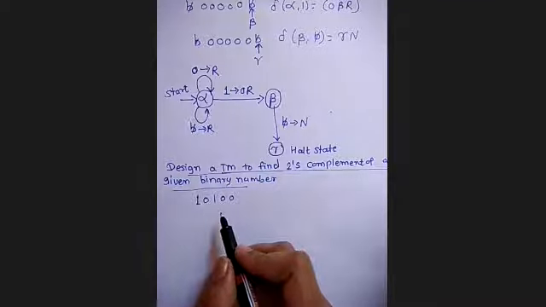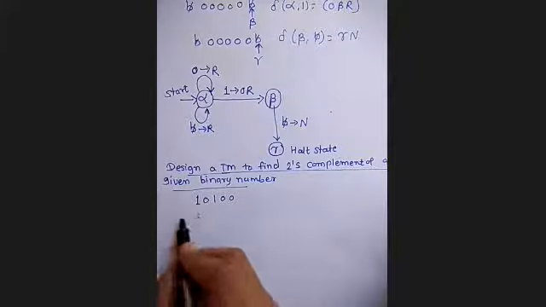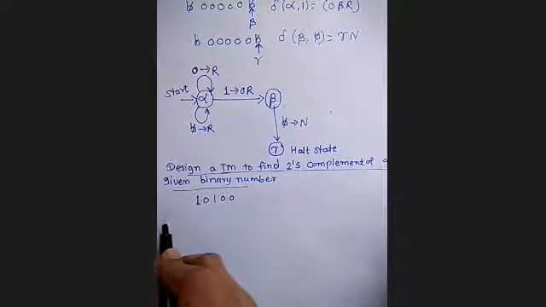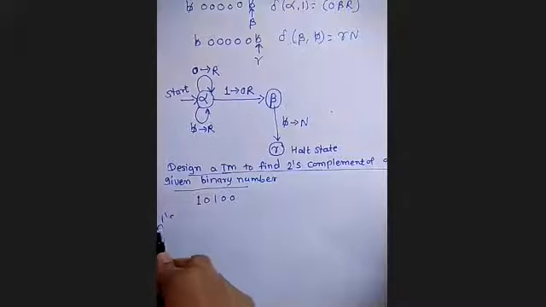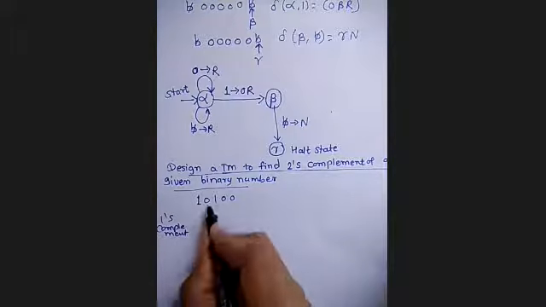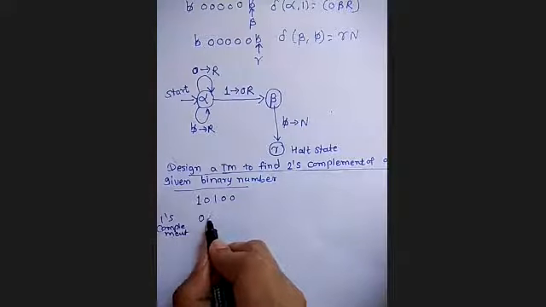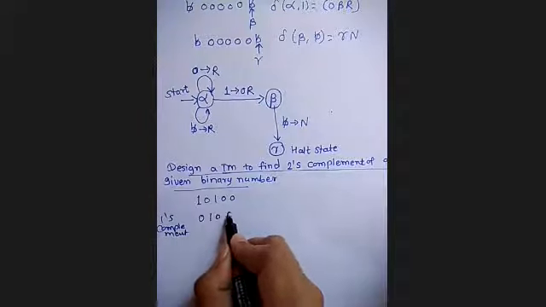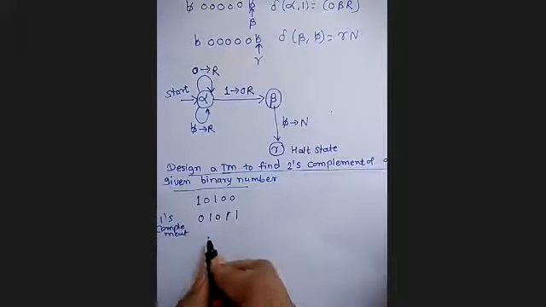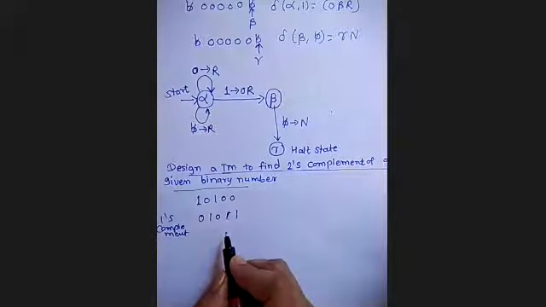We'll first take the 1's complement, that is, we'll replace 0 by 1, 1 by 0. So our first step is to take the 1's complement. We replace each 1 by 0 and 0 by 1. The next step is, after taking the 1's complement, add 1.